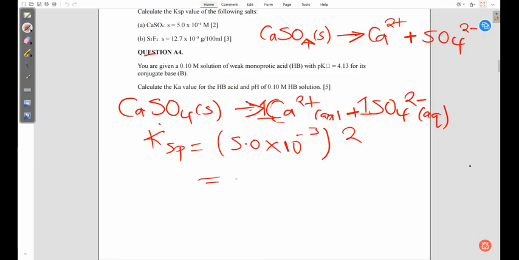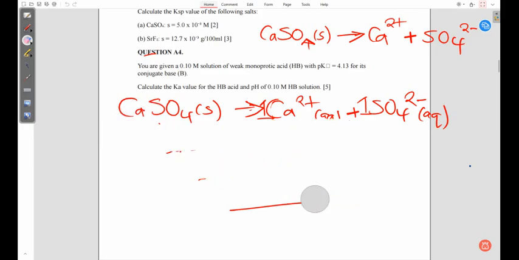We're going to have 2.5 times 10 to the power negative 5. That is our Ksp value. If you've noticed, I'm not adding units to the K values.